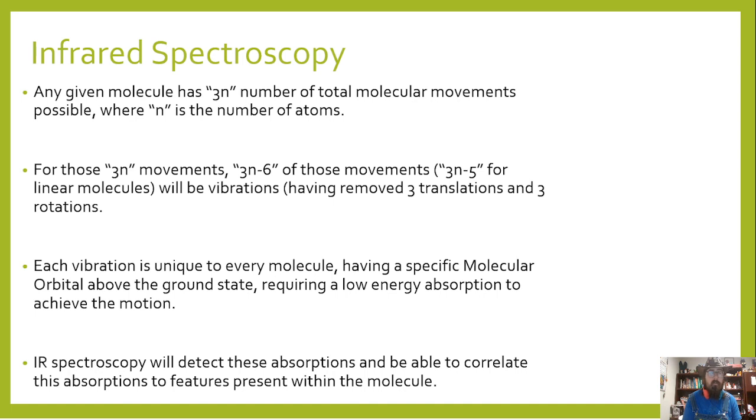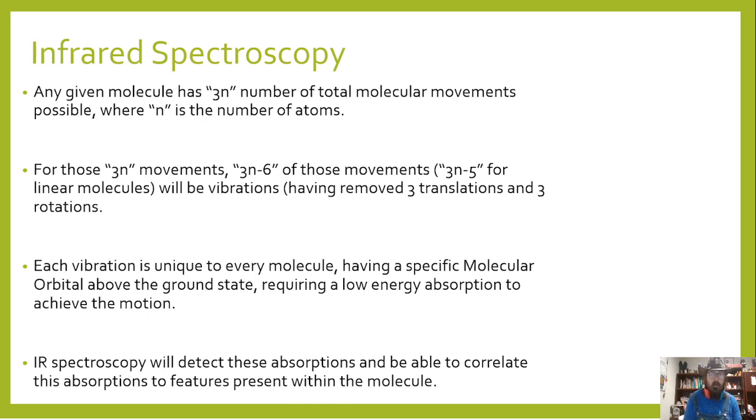Well, for those given 3n movements, 3n minus 6 of those movements will be vibrations. So subtracting out those 6 are coming from the 3 types of translations and 3 types of rotations. Everything else of those movements are vibrations.